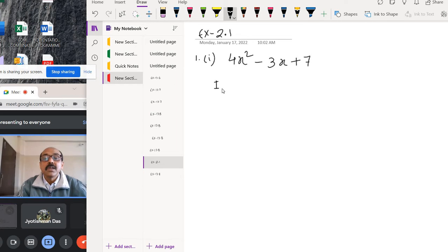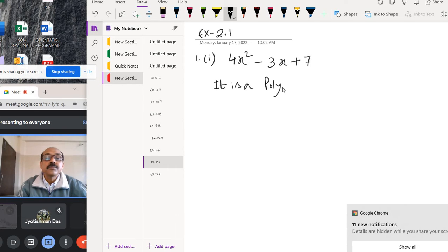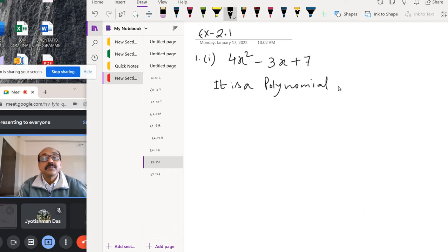It is a polynomial in one variable, that is x, because the expression is in terms of x only.